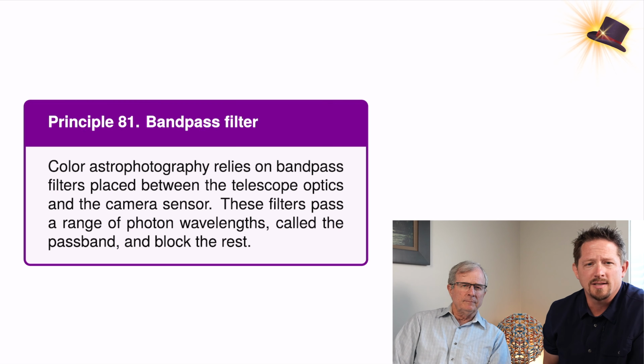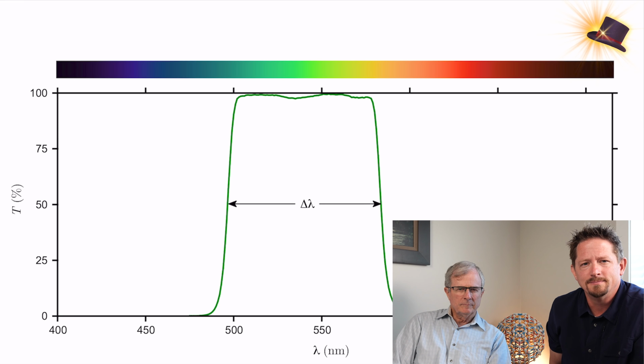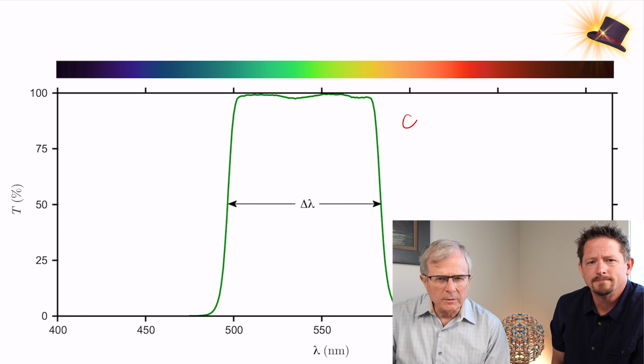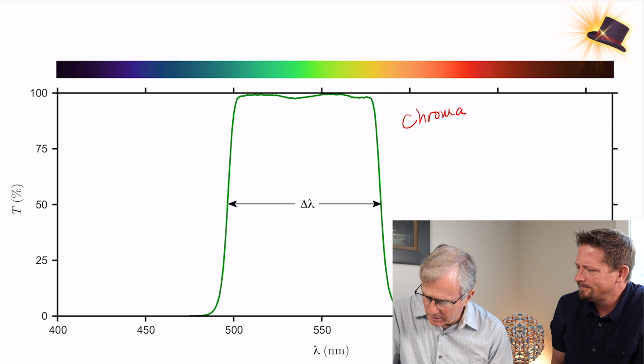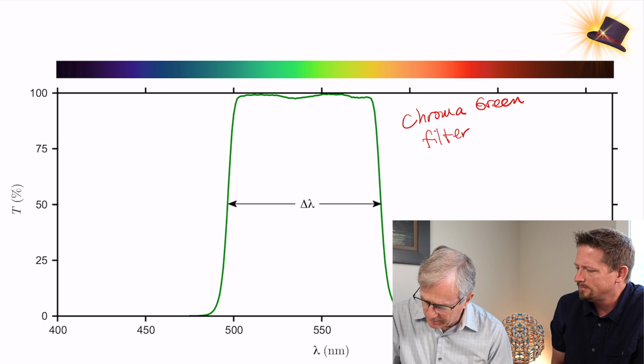Principle 81, bandpass filter. Color astrophotography relies on bandpass filters placed between the telescope optics and the camera sensor. These filters pass a range of photon wavelengths called the pass band and block the rest. So for example, here is a Chroma green bandpass filter.